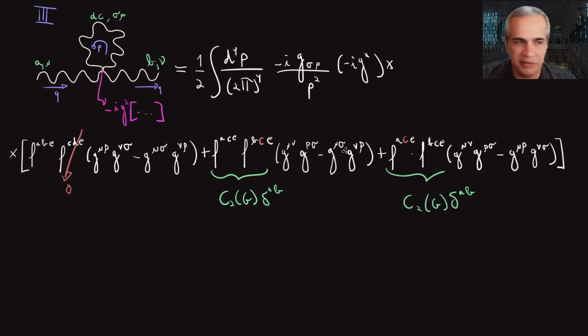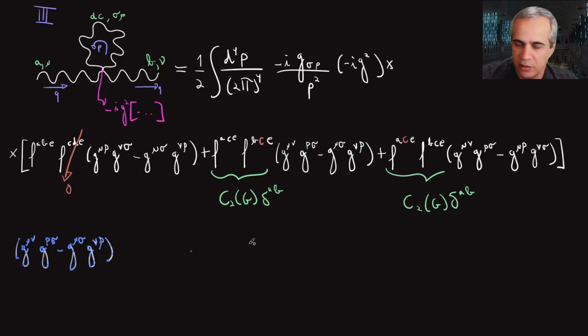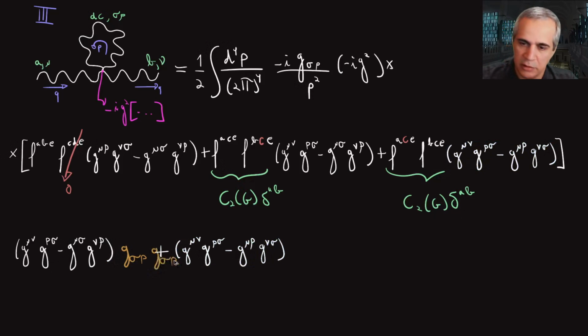And now I have to deal with the Lorentz one, right? So take this guy, for instance. I'll have this times g sigma rho here. And the same thing, and then this part times g sigma rho. In both cases, I have a very similar situation. This first part is the same.